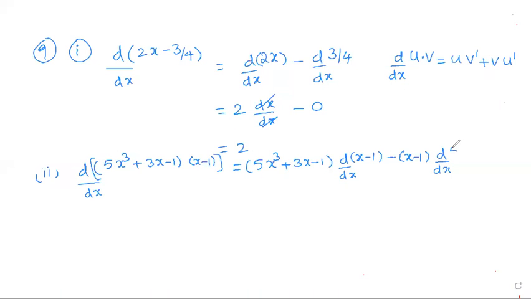The u place is 5x cube plus 3x minus 1. Okay? Sir, plus, u v dash, no sir. The first one is u, v dash. The first one is u, the same. v dash, dash means derivative. Sir, in the middle plus will come. Yes, middle plus.